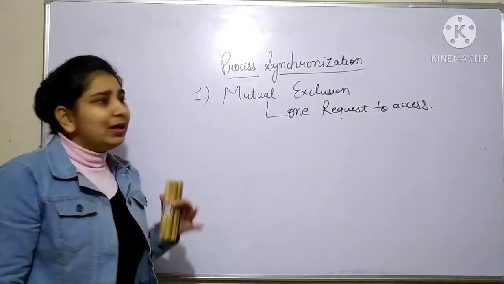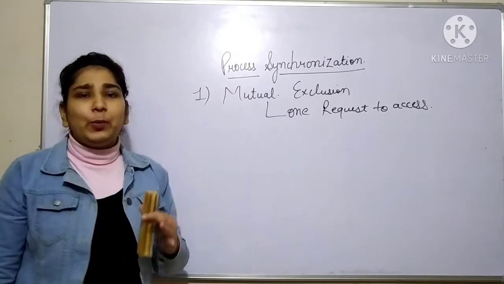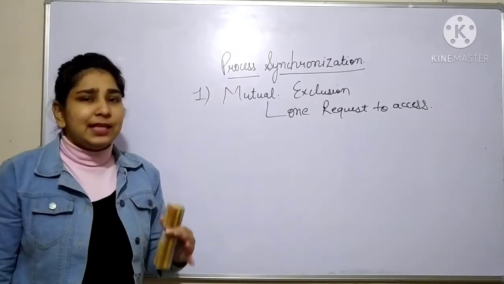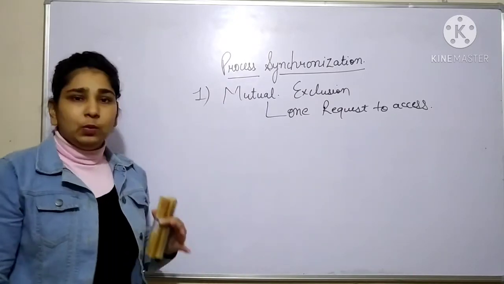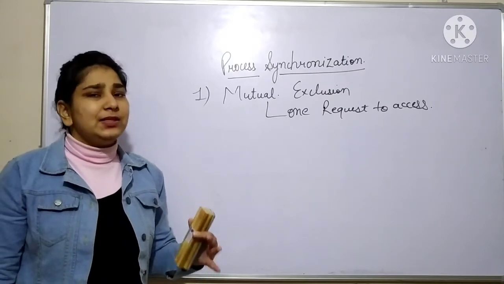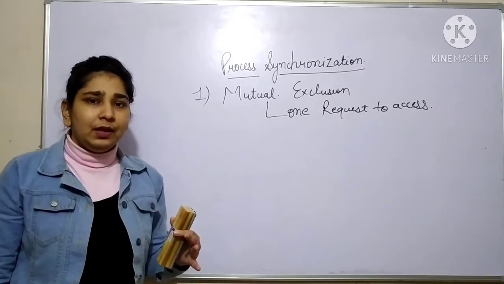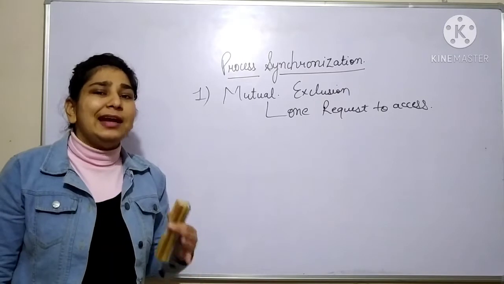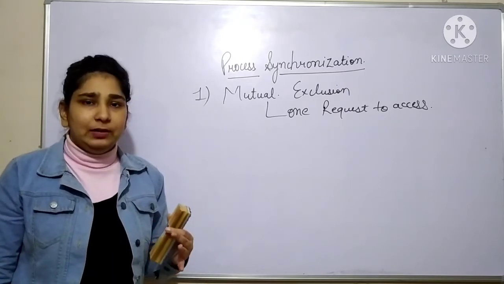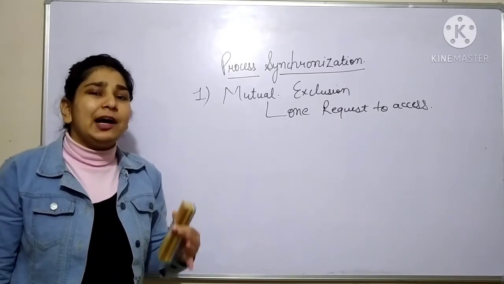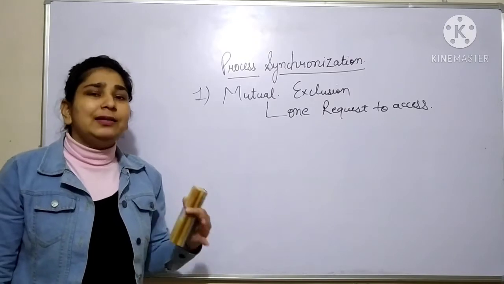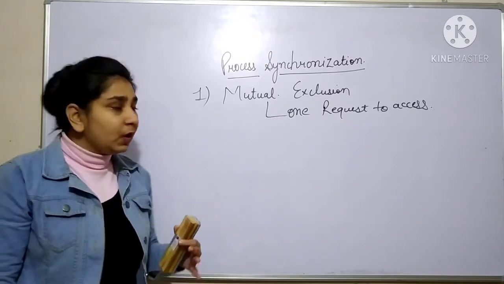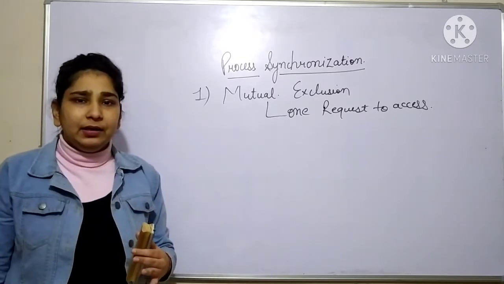If you allow multiple user requests to access the same variable, then we will get an inconsistent result. We will not get the exact output of the variable, we will not get a definite answer or result, so we have to avoid this.